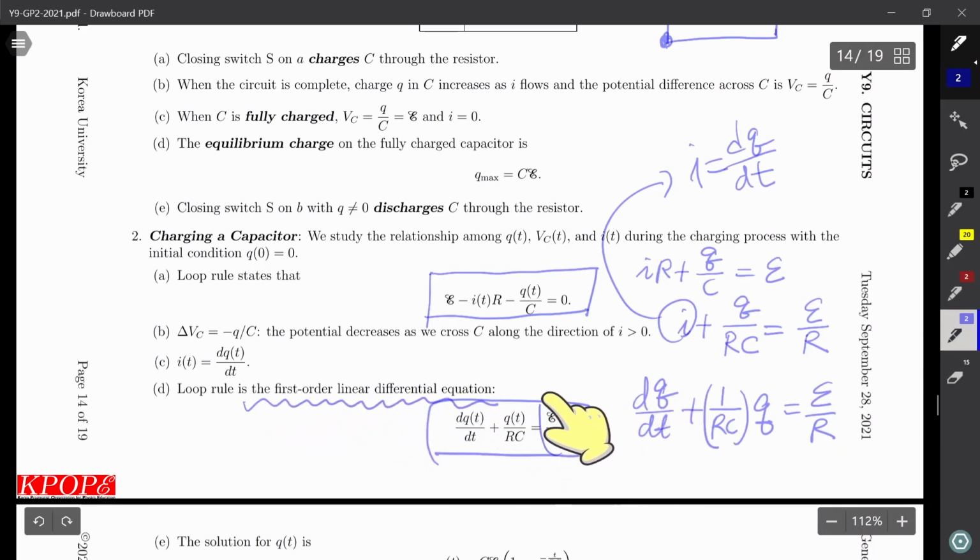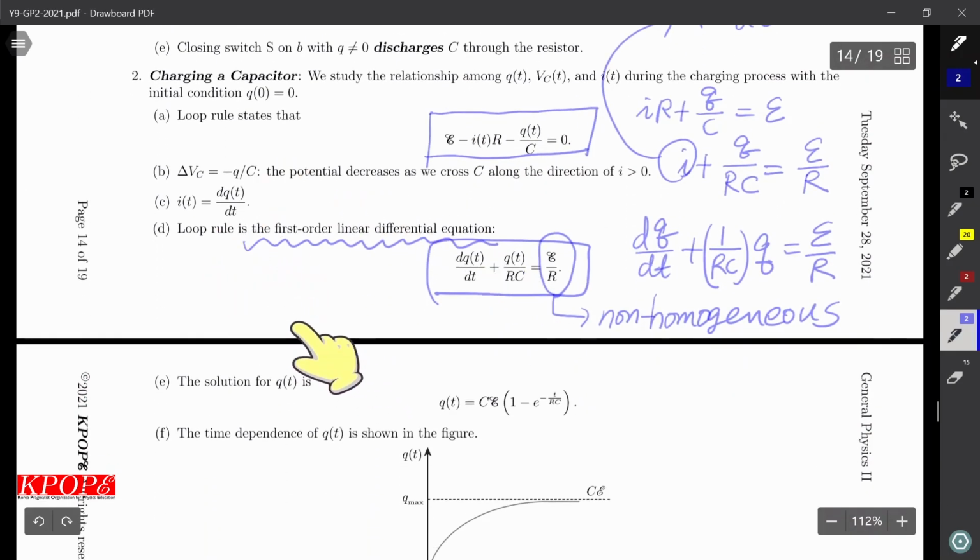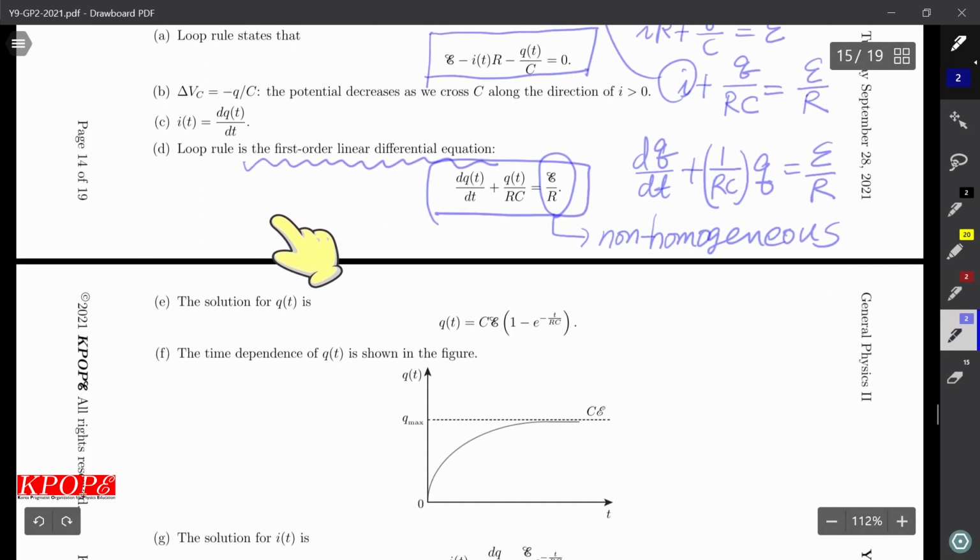And we have a non-vanishing right hand side, so it is a non-homogeneous linear differential equation. We can find the solution. First, the solution must be Q of t equals QP plus QH, where QP is a particular solution.